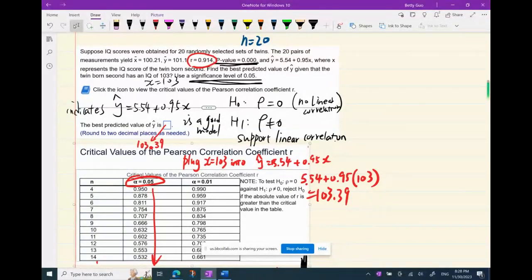How do we do that? All we need to do is plug in the value of x to replace x, a little bit of algebra to get y hat, the predicted value of y. So those two questions complete the prediction function of the linear regression line.